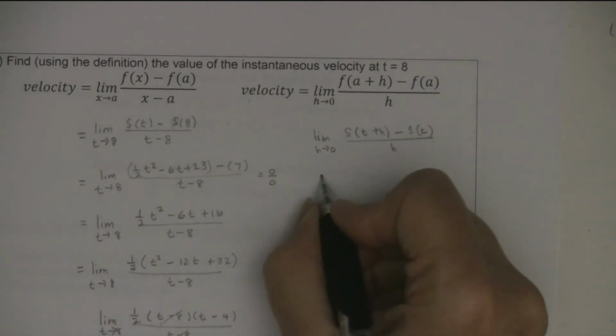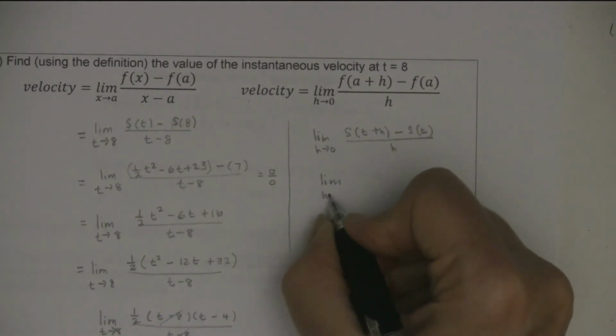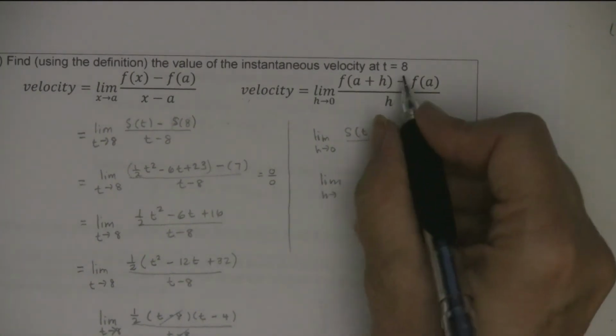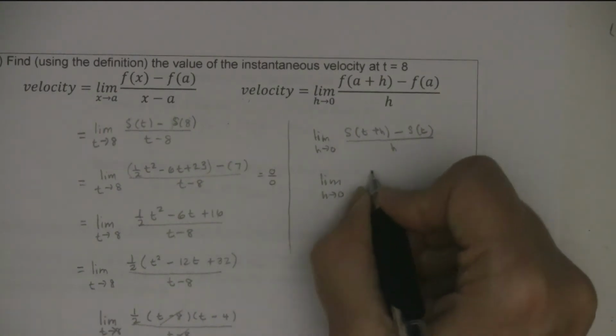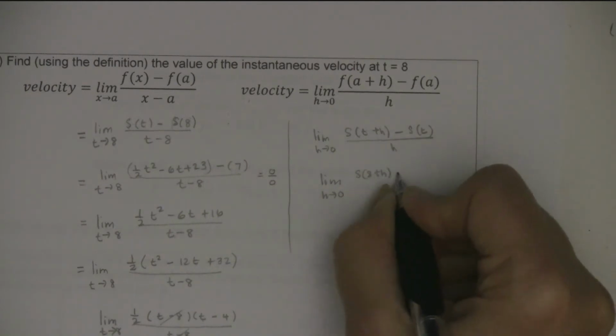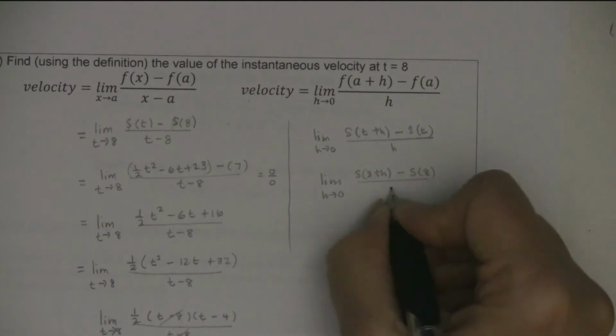And then we were told that t was going to be 8, right? And so h going to 0, s at 8 plus h minus s at 8 over h.